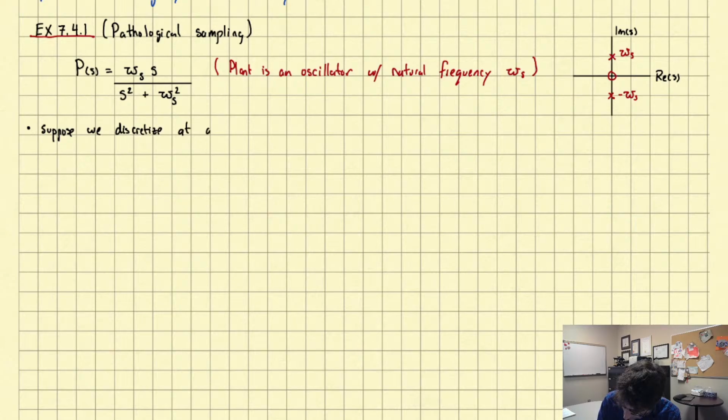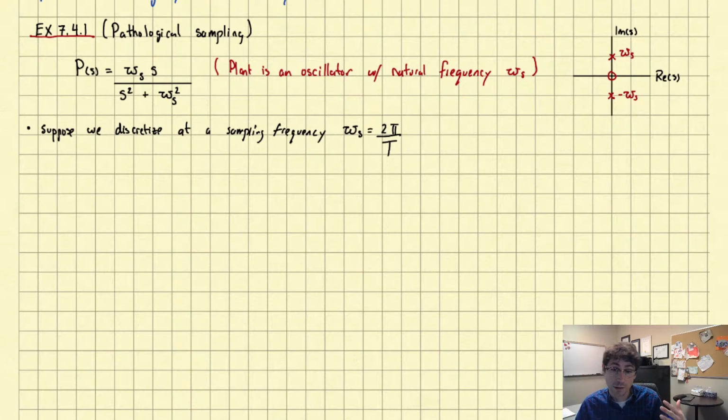So suppose we discretize at a sampling frequency, let's say, of omega s, which is 2 pi over T. Right, so we've chosen our sampling period T to be exactly equal to this omega s from the plant model.